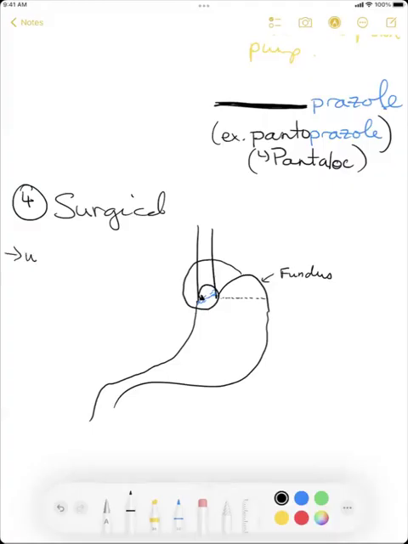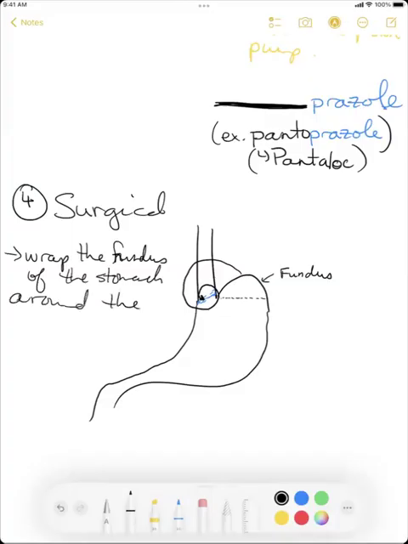So they can wrap the fundus of the stomach around the area of the lower esophageal sphincter.